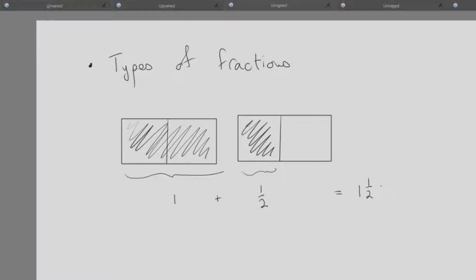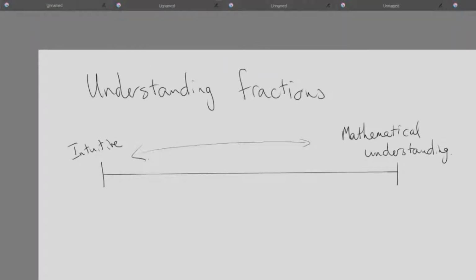Very intuitive. We'll call this a mixed number or mixed fraction. Something that has a whole portion and a fraction portion to represent the quantity. Very intuitive, and a mixed number should certainly stay on the intuitive side.